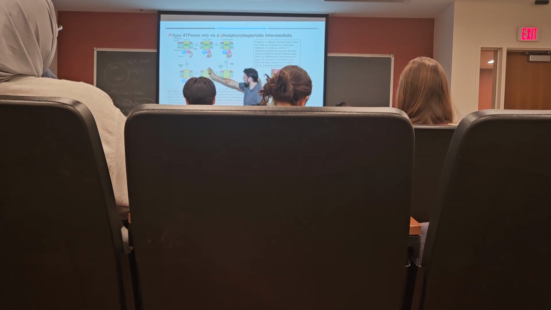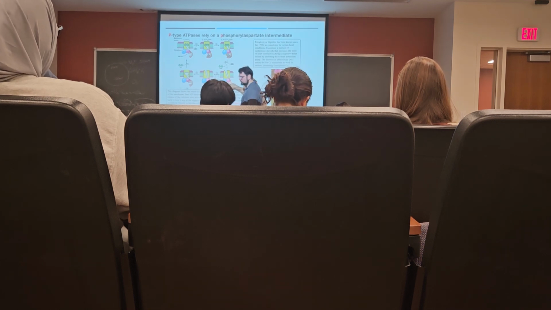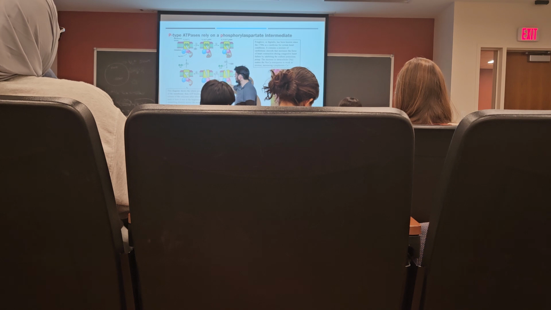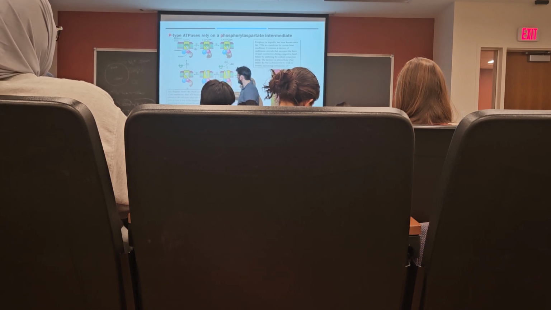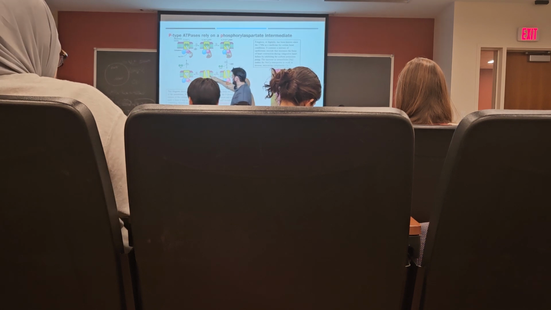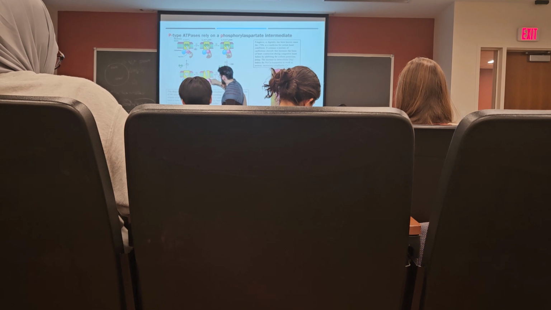In order to reset this enzyme, all we have to do now is allow the spontaneous hydrolysis of this phosphoryl aspartate, releasing this inorganic phosphate, restoring phosphoryl aspartate to just aspartate. Now we're in the E2 configuration because we're still in the second configuration where this is open and this is closed.